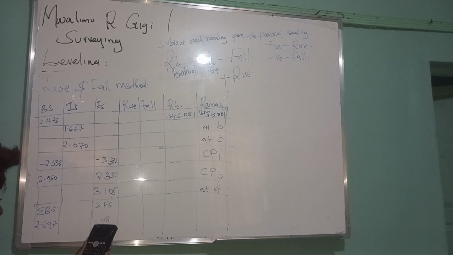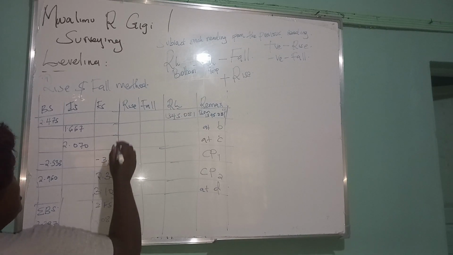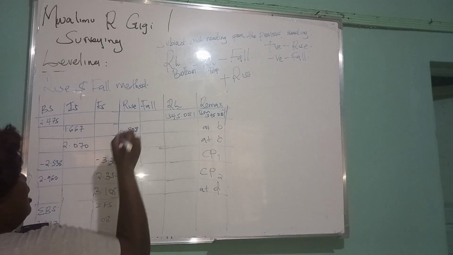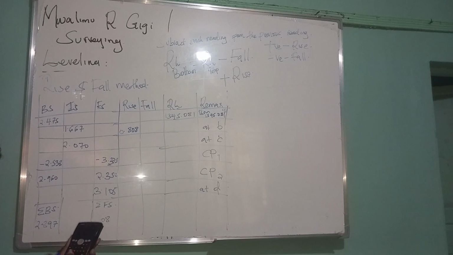So we have 2.475 minus 1.667. So it is 0.808, which is a positive. So it is 0.808. It is a rise.